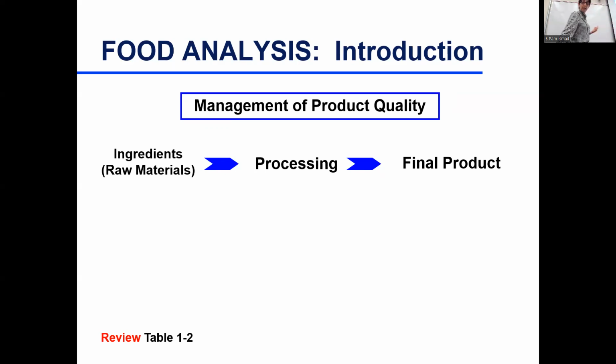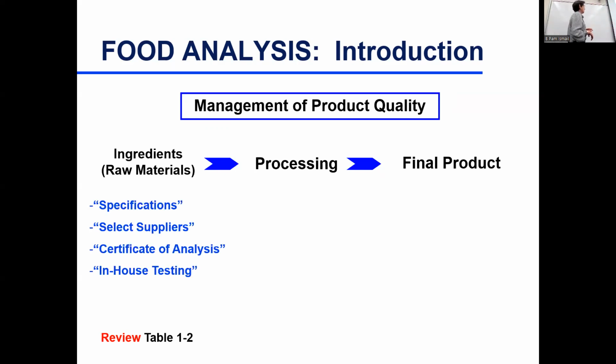So for the raw ingredients, basically, sometimes CPG companies ask for a certificate of analysis, for example. With every ingredient, there comes a certificate of analysis that tells you certain specifications: moisture content, fat content, microbial load. Depending on the type of the ingredient, there will be information in the certificate of analysis.